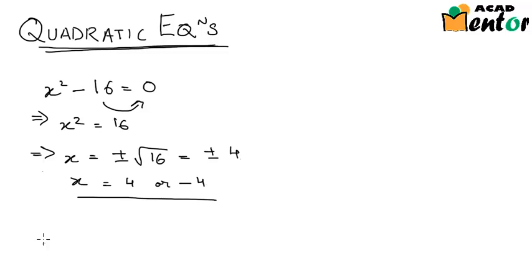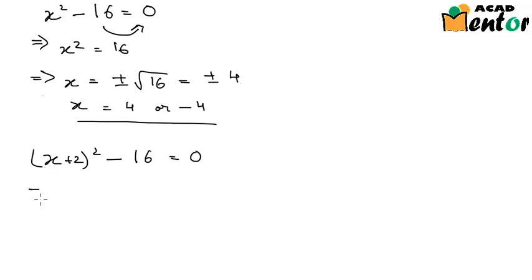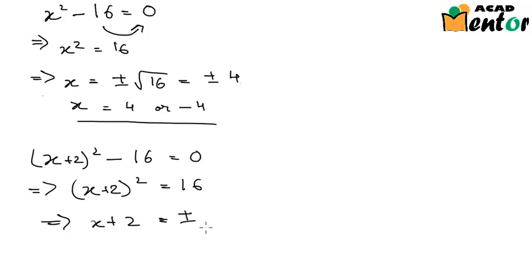Let's look at a little more difficult one. So if we have x plus 2 whole square minus 16 equal to 0, this would be x plus 2 whole square equal to 16, or I can say x plus 2 is equal to plus minus 4 as we saw here, and then x is either equal to plus 4 minus 2 or x is equal to negative 4 minus 2.